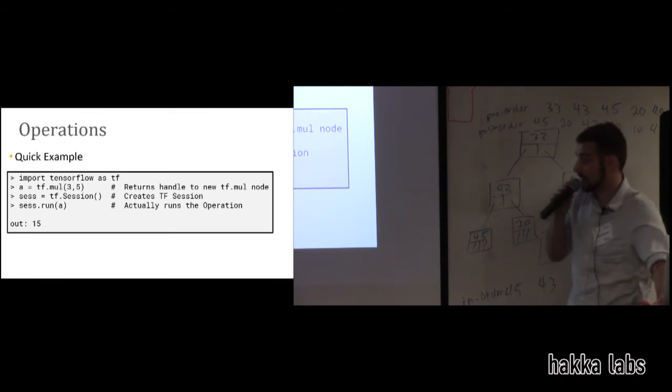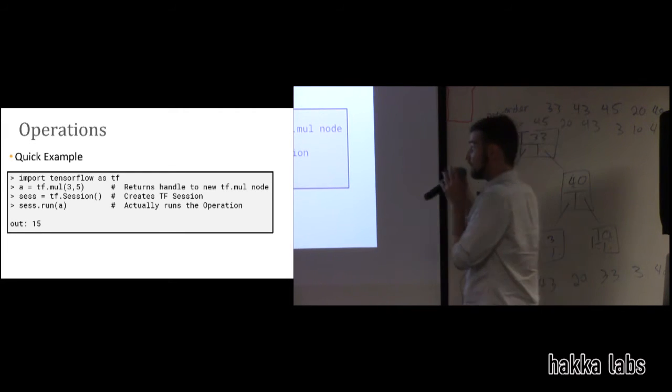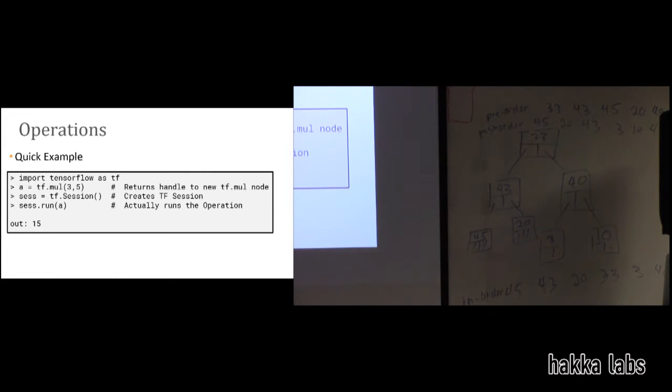So here's just a quick example. We're using simple multiplication. This isn't matrix multiplication, it's just basic multiplication. First, we import TensorFlow. By convention, we shorten that to tf, because writing TensorFlow every time is sadistic. We're going to say A equals tf.mul, and you'll notice we're just passing these in directly.